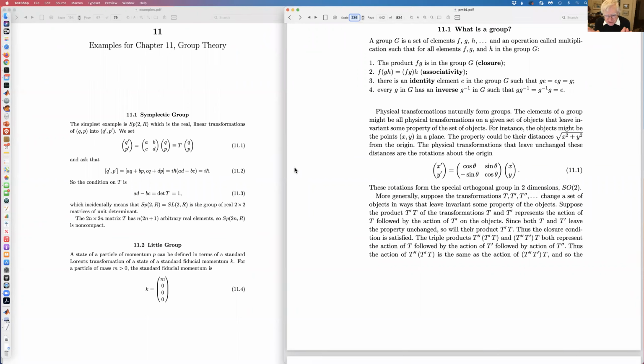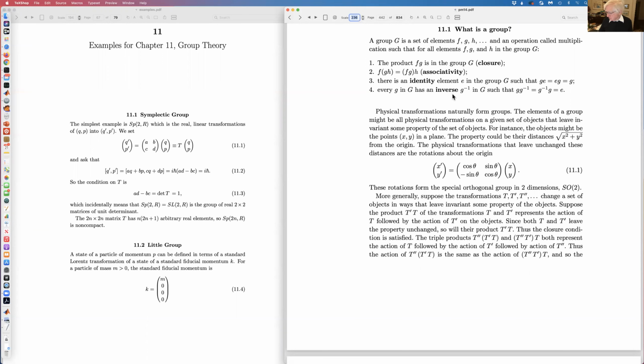the set of all physical transformations on a given set of objects that leave some property of those objects unchanged naturally form a group. And the transformation that is the null transformation that doesn't do anything to the objects is the identity. If you can make one transformation, you can normally invert that transformation.